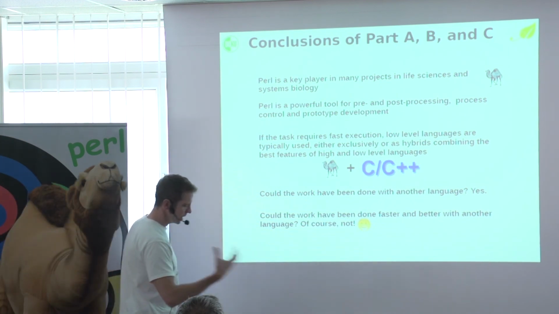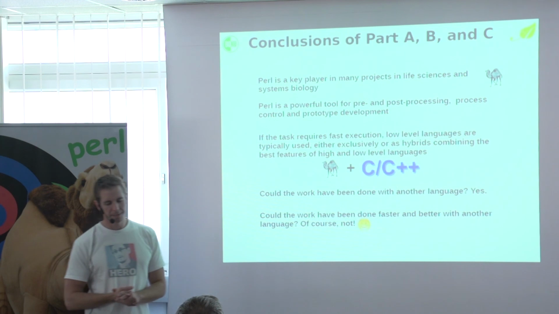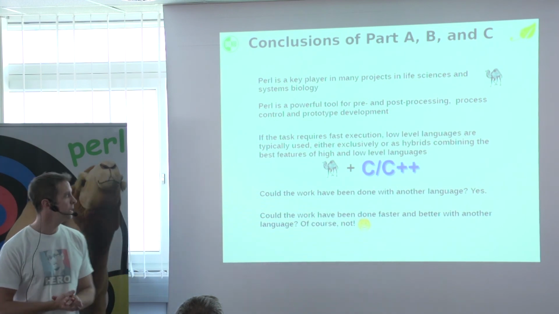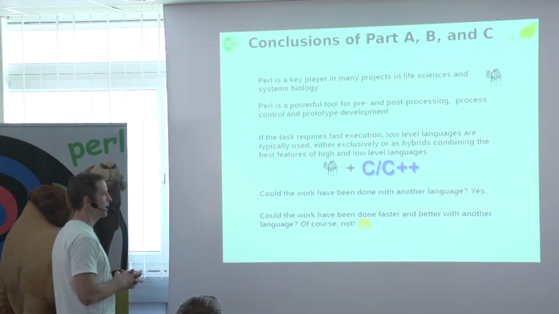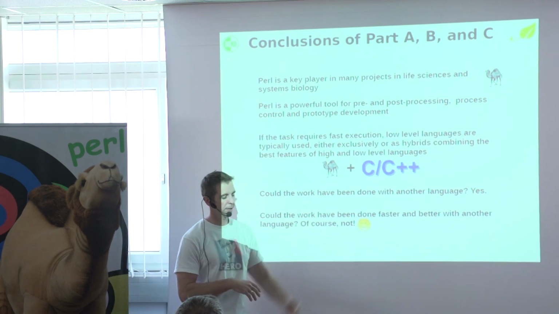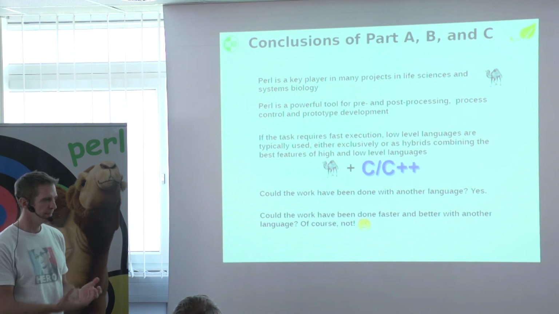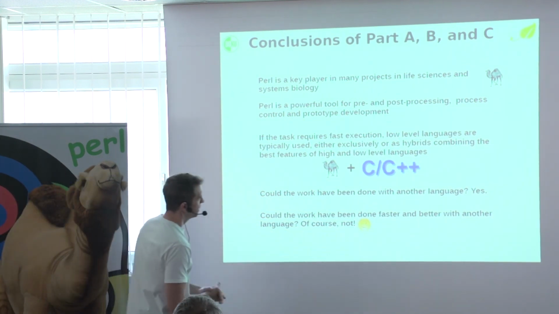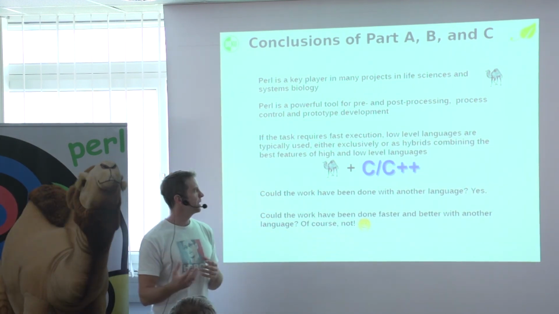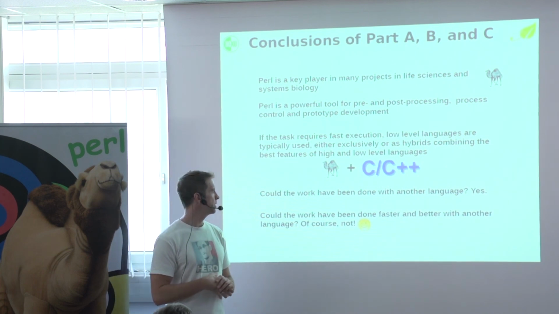Whenever we come into high-performance computing and we really need fast execution, we go to a low-level language, usually C or C++. Very often we also do a hybrid where we use Perl for the easier, not performance-critical issues and combine it with C or C++.